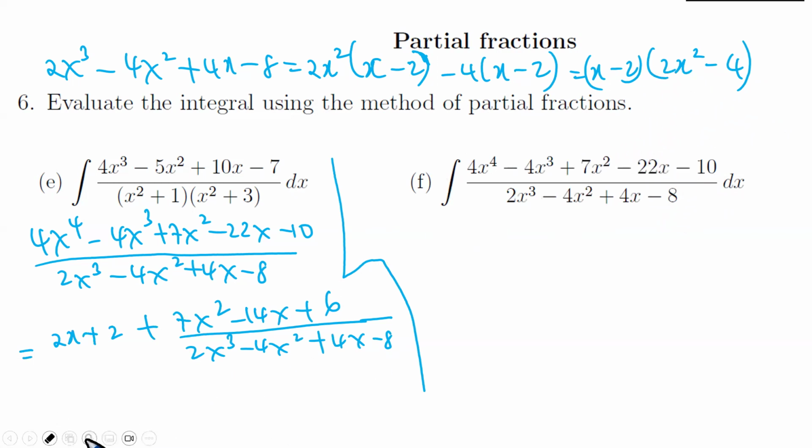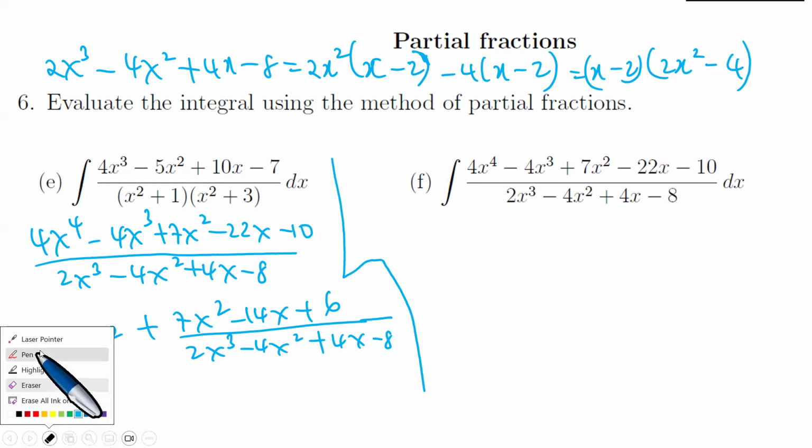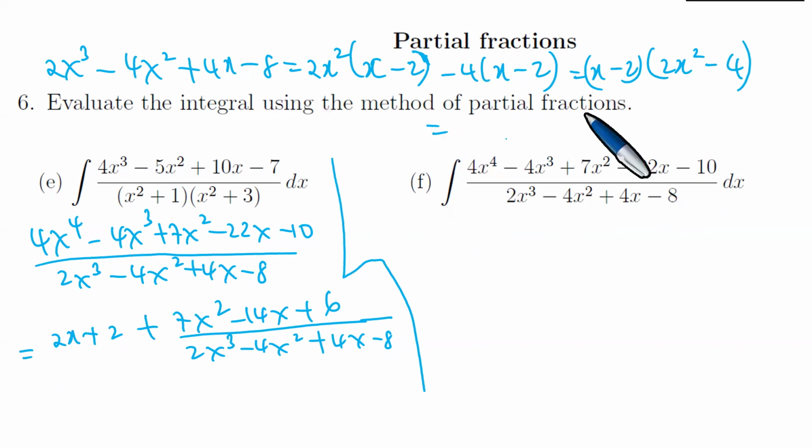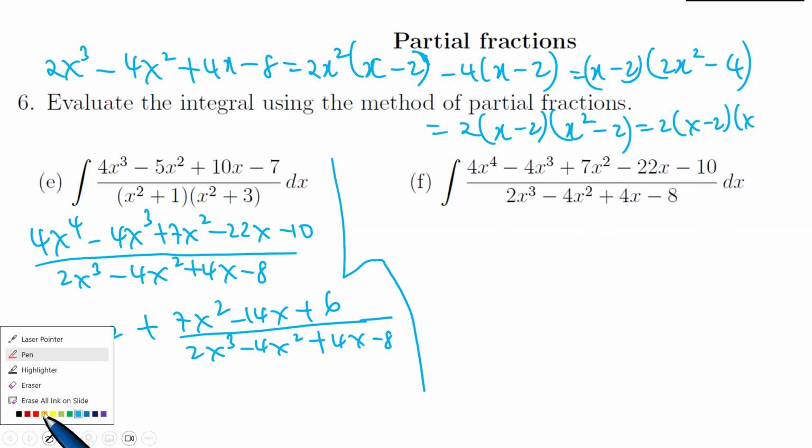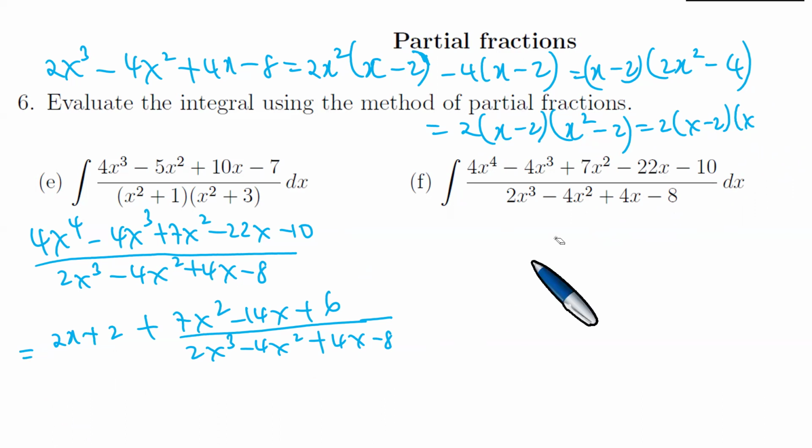With the 2 outside, we have 2, x minus 2, and then x squared minus 2. Then you can perform the further factorization as it can be seen clearly.